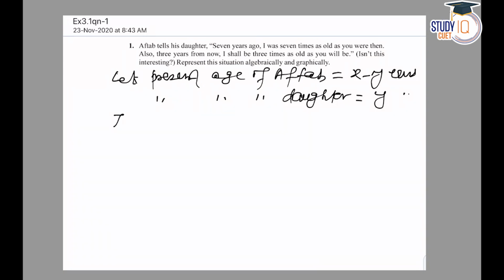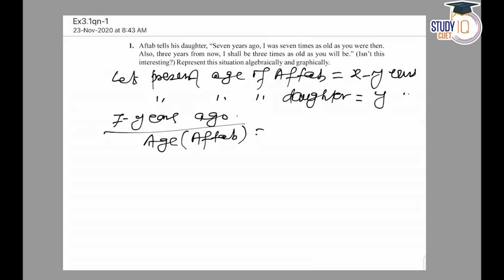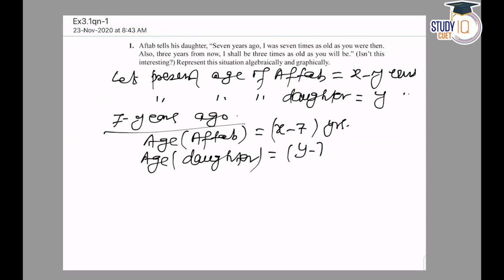So 7 years ago, first situation is for 7 years ago: age of Aftab equals x minus 7 years and age of daughter equals y minus 7 years.